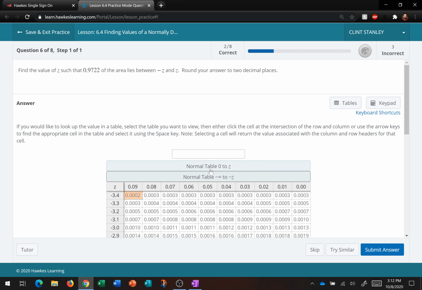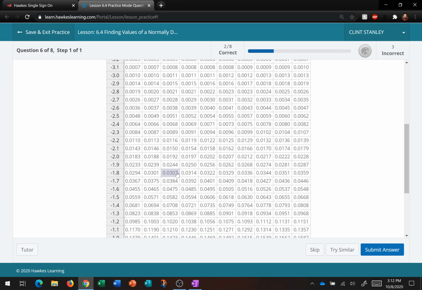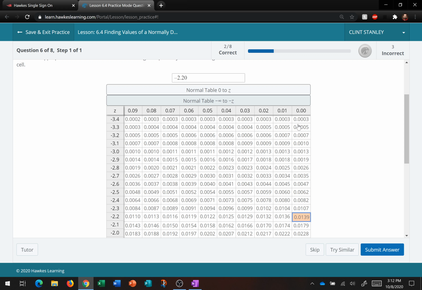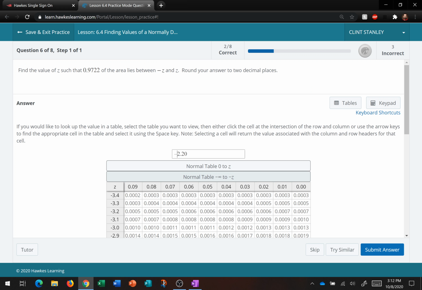Okay. Let's see what we find. 0.0139. Okay. So that gives us negative 2.20. But remember, just because this one's worded a little tricky, it says find the value of z, not negative z. For our answer, we're going to give the positive one, so 2.20.